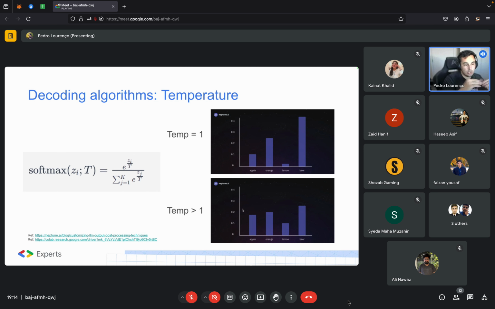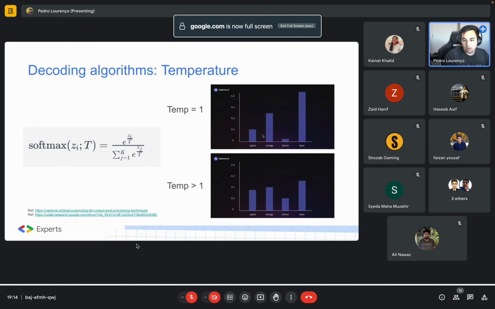And what does it mean in terms of the prediction? Imagine you are relying on the distribution to pick the next token. When the temperature is equal to 1, most of the time you pick beer, because beer has a very, very high probability. So in this case, let's say 6 out of 10 will pick beer.